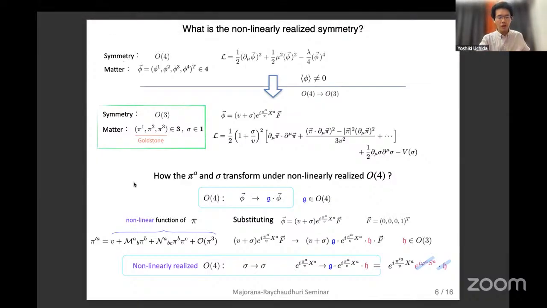So now you can see that this is the transformation law of the Goldstone-boson fields, and it includes the constant shift by the vev. So this is why people say the Goldstone boson has a shift symmetry.